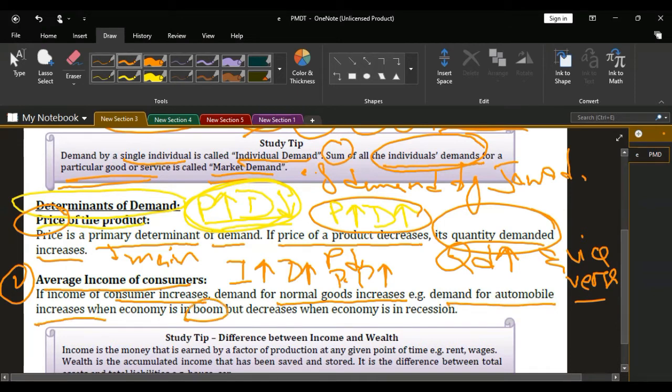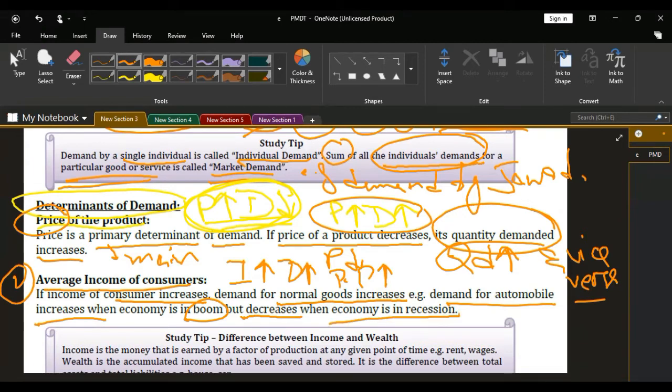Boom means the highest development stage, where the economy has reached a certain level beyond which no development can be made. It is the highest level of success that an economy can reach during its tenure, but demand decreases when the economy is in recession.